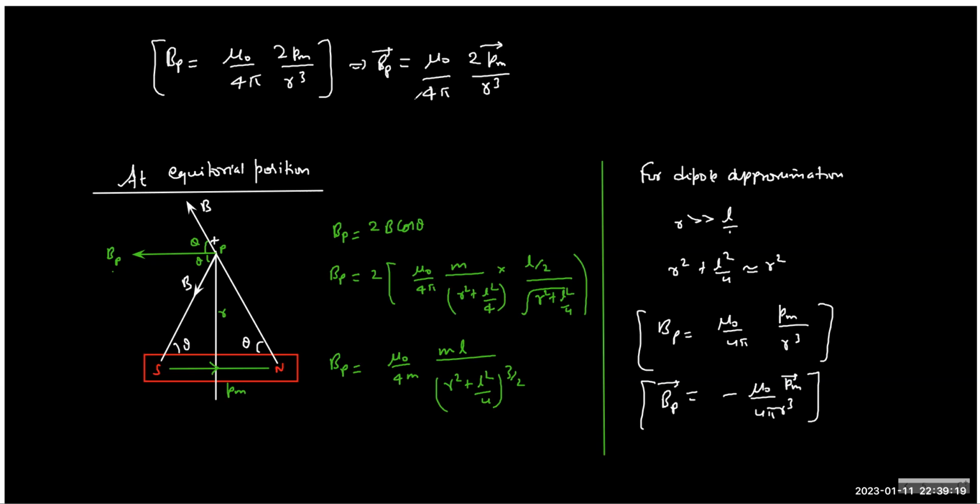So wherever is the BP, the same is PM. But for the equatorial position, it is always opposite. So in vector form, we have to put a minus sign. In value wise, we should remember this is like this. Any doubt in this so far? Tell me, guys.